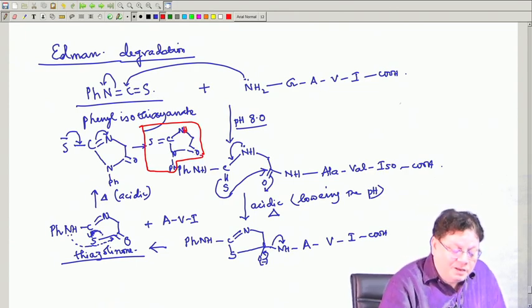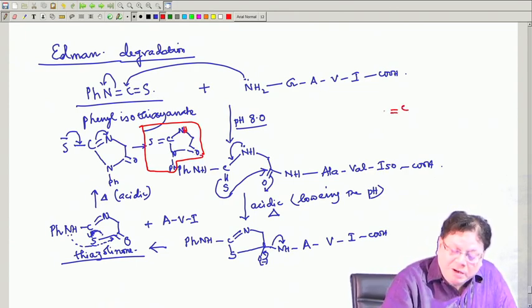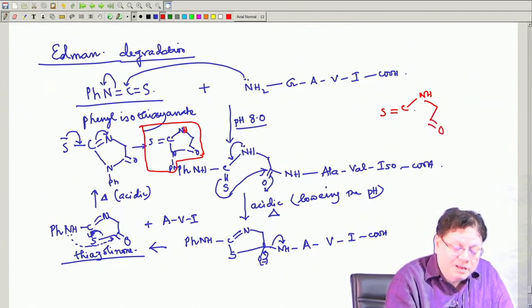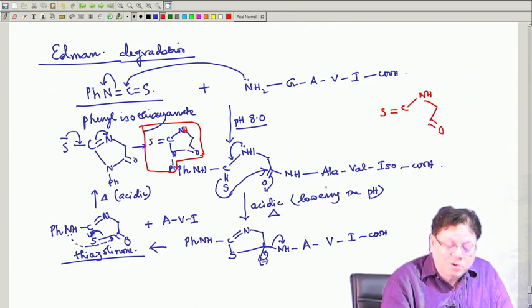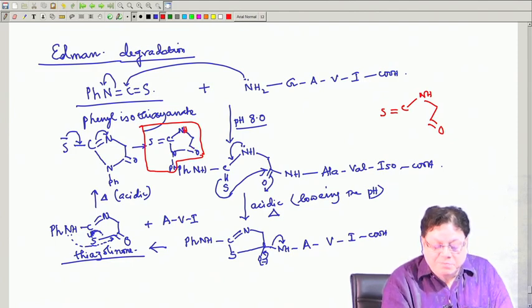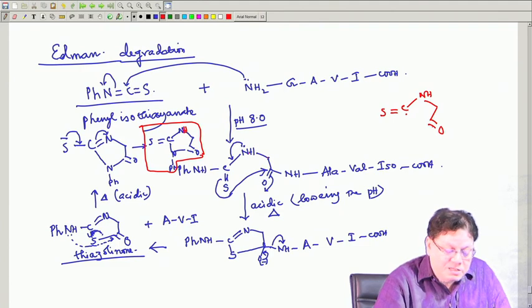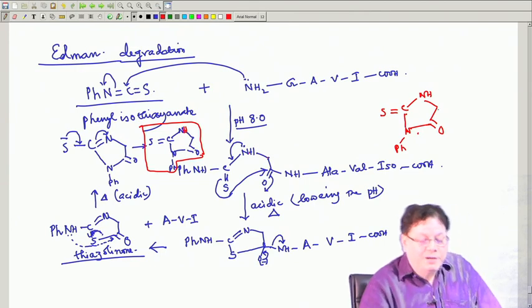Again I write here the final product is C double bond S, then NH, then this actually comes from the glycine part. Remember this NCH2CO comes from the glycine part, and then you have CO and then N pH and that one. Okay.